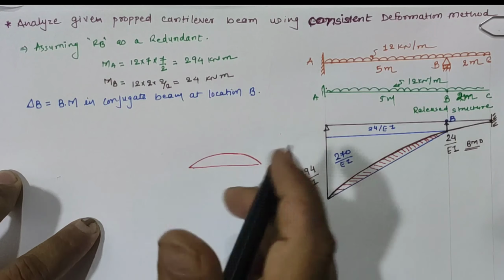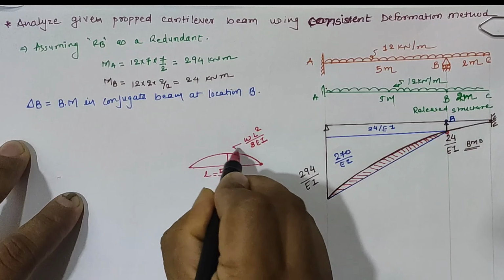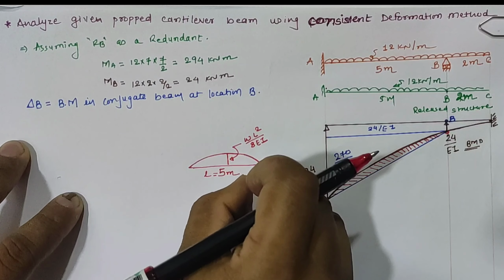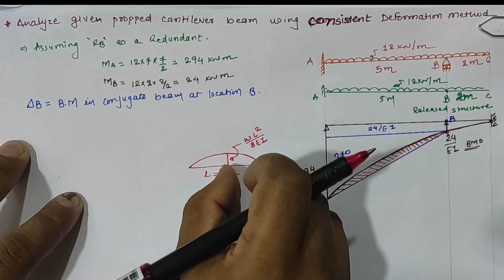And if we assume 5 meter as the total length, then the bending moment at location B for this particular curve can be given by the area of this curve into the CG distance, which is exactly at half of the total length.